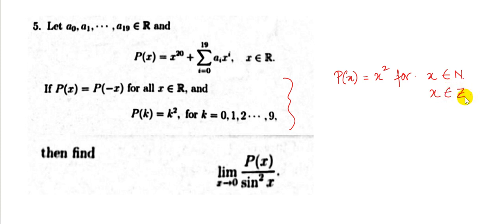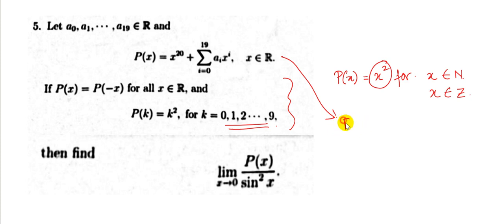So that means this is a quadratic for integer values of x. So therefore the behavior of p of x will be quadratic for all integral values of x, and for non-integer values of x, p of x will follow this function.